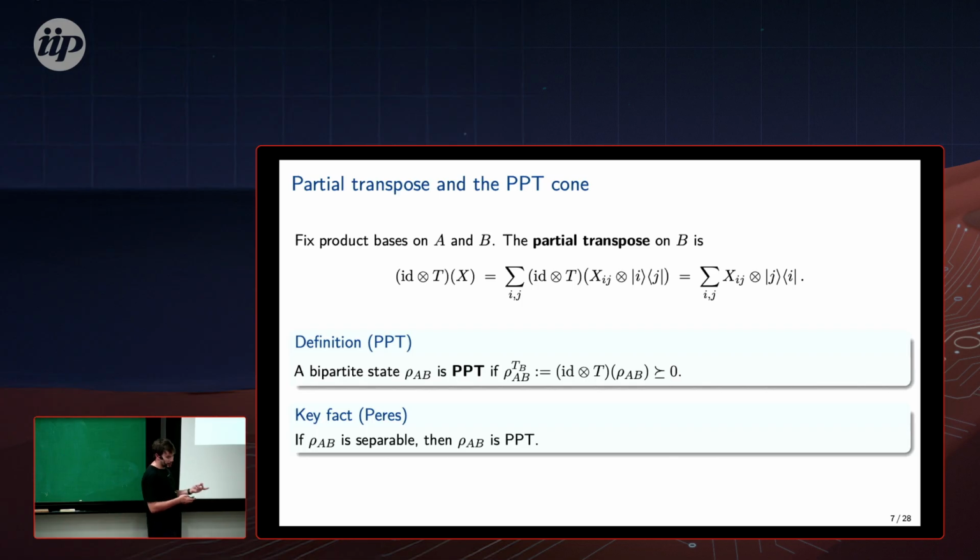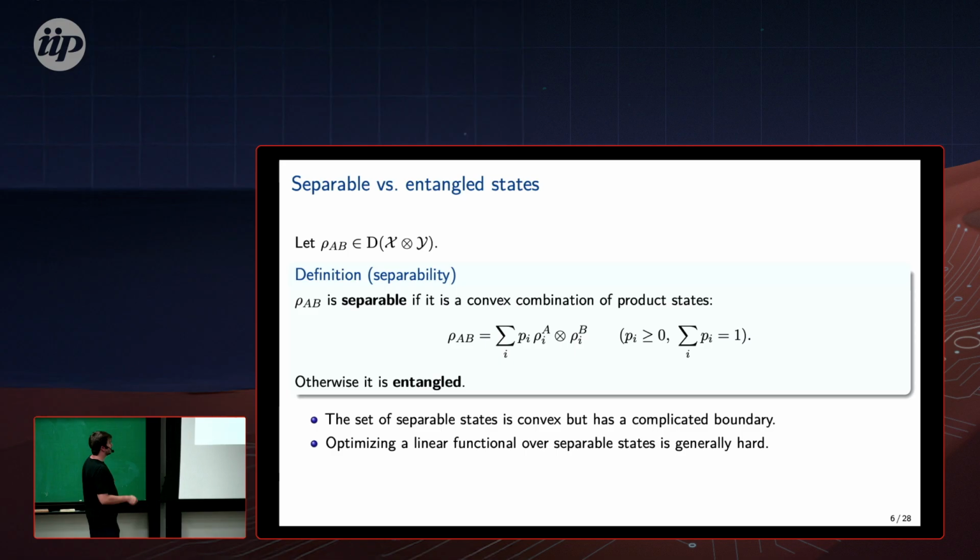And proving this is very simple, because let's say I have a decomposition like this. Then if I apply the partial transpose, it's only going to look at the transpose of this guy here. And if you have a positive matrix, applying a transpose to it will again give you a positive matrix.